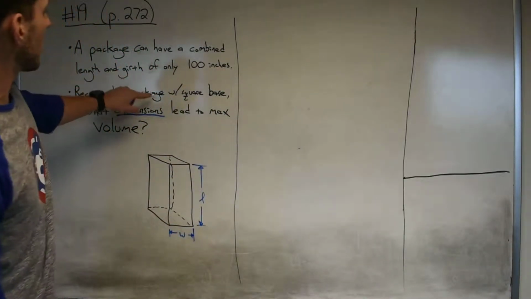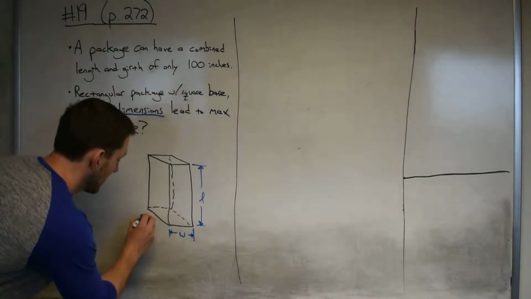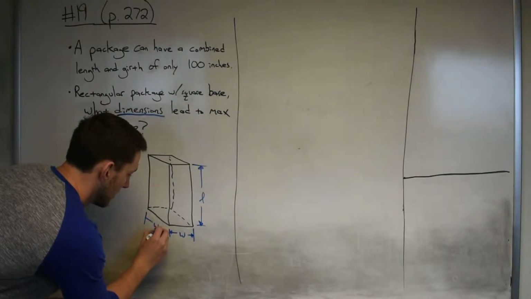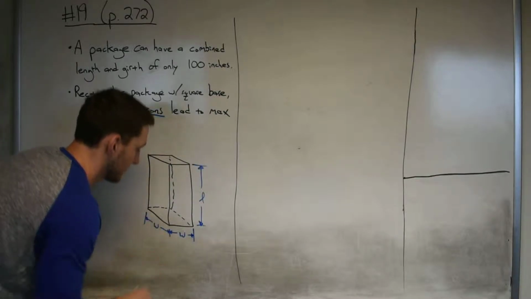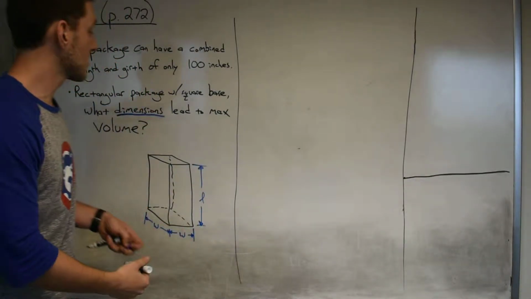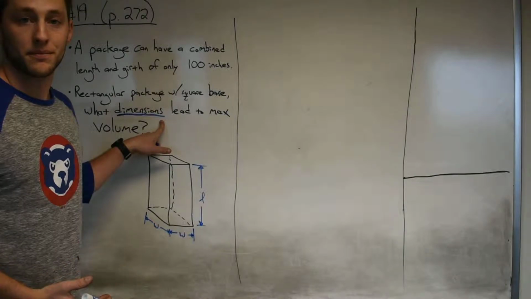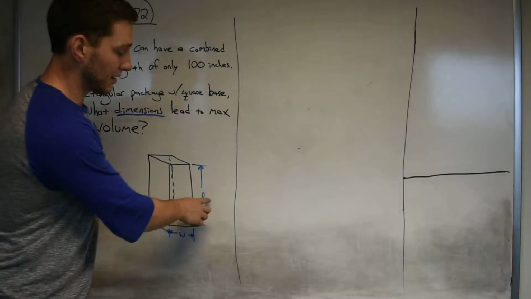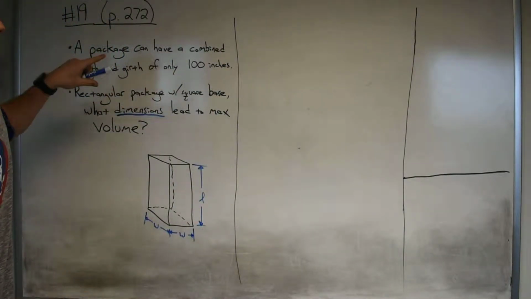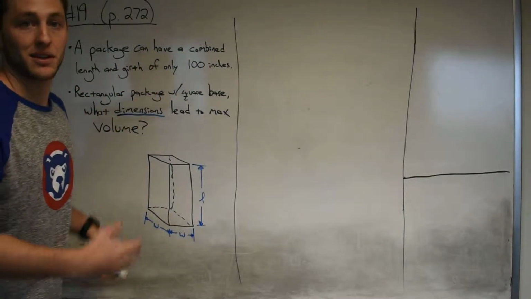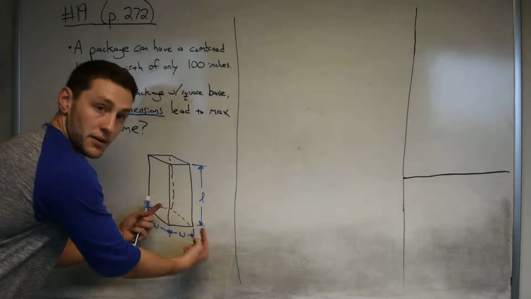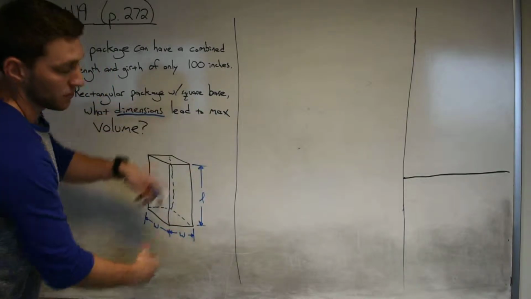And since we have a square base, we can go ahead and say that even this side is W. So label your pictures, give a name to what you're looking for. The reason I chose length instead of height right here is because it correlates to what we know about the stipulations. It can only be 100 all the way around and tall.